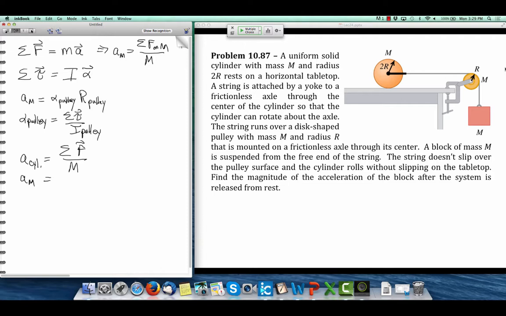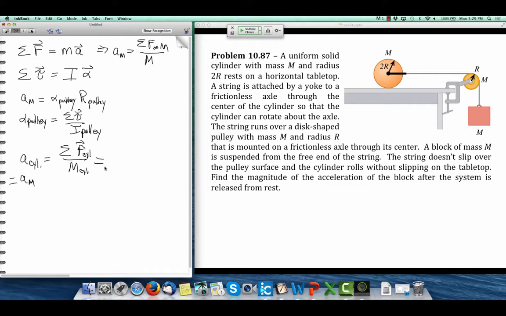As long as that string isn't stretching, the acceleration of the cylinder and the mass are equal to each other. And so there's a Newton's second law equation for the translational acceleration of the cylinder.